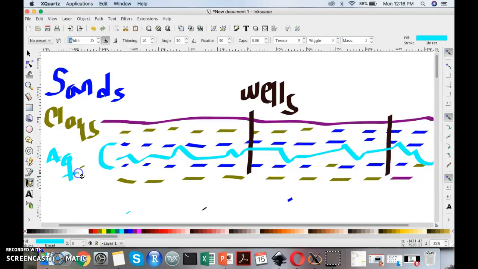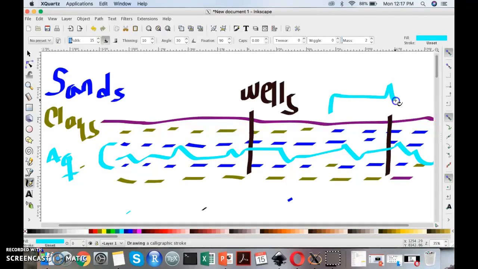So again, where you don't have confinement of that aquifer on the top and the bottom, but maybe you just have it on the bottom, that's going to be an unconfined aquifer. So if we look at this whole diagram that I drew, I don't have confinement on the top on this well. So this would be an unconfined aquifer.